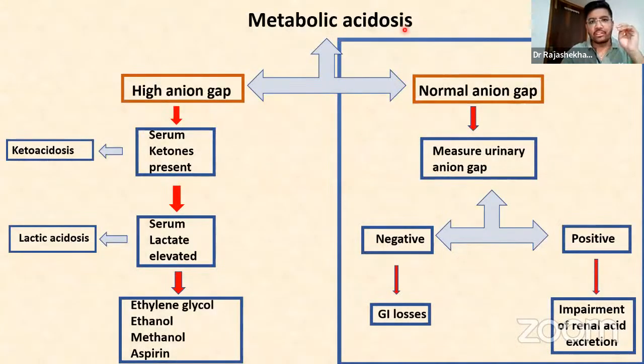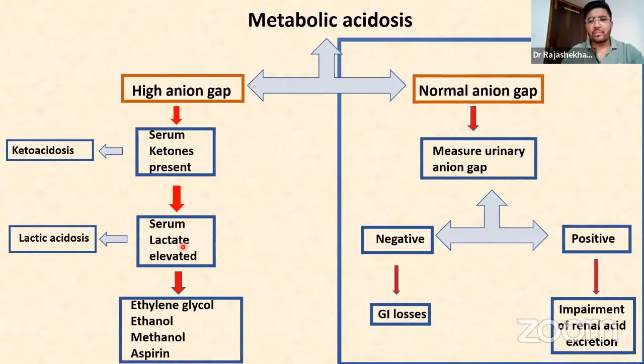So if you see a metabolic acidosis, the first thing is to ask whether it is high anion gap metabolic acidosis or a normal anion gap metabolic acidosis. If there is a high anion gap metabolic acidosis, first thing is always measure the serum ketones. If they're present, then it is ketoacidosis, either alcoholic or diabetic or starvation. If there are no ketoacids, then measure the serum lactate.